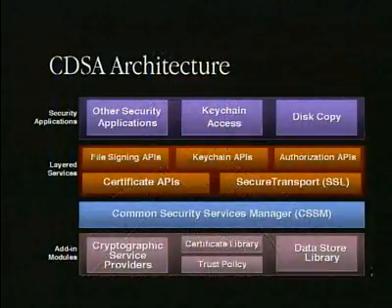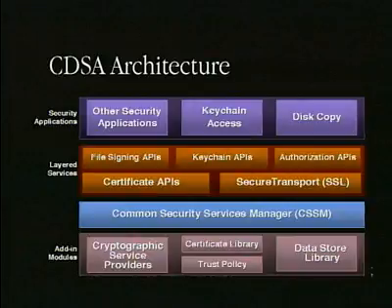On the far right there, the data store library is, roughly speaking, a database for storing security-related items. And in fact, it doesn't actually have to have any security associated with it at all. It could be an LDAP database, for example.